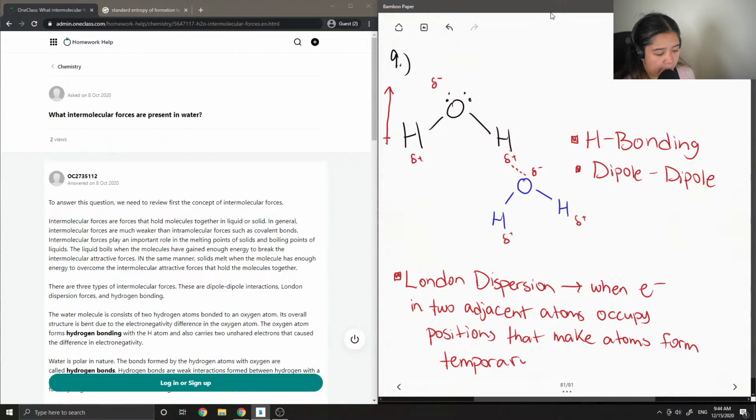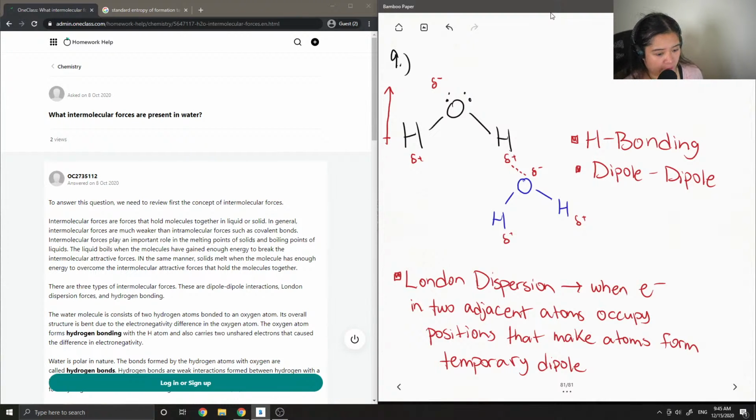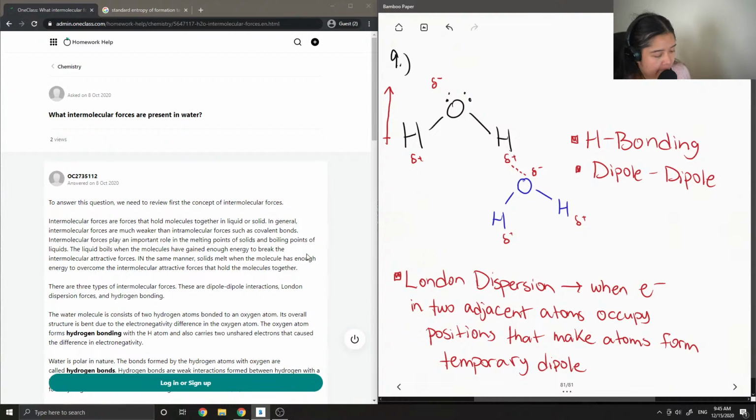So it's a very weak interaction, but it is present in most substances. Okay, so these are the three main intermolecular forces present in water.